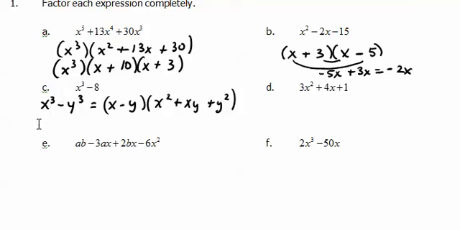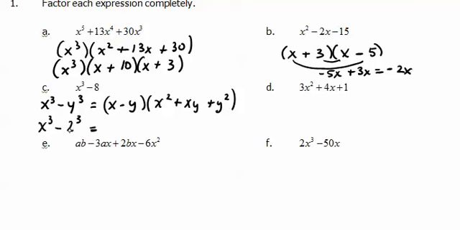So now I'm going to take my original problem and write it x to the third minus, well, 8 could be written as what number to the third? 2, because 2 to the third times 2 is 8.